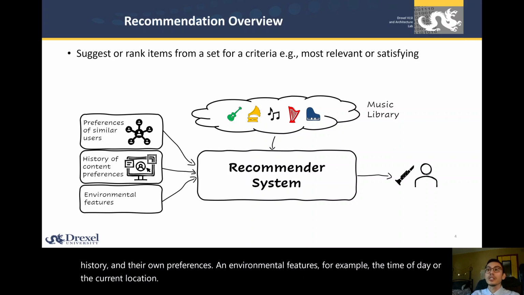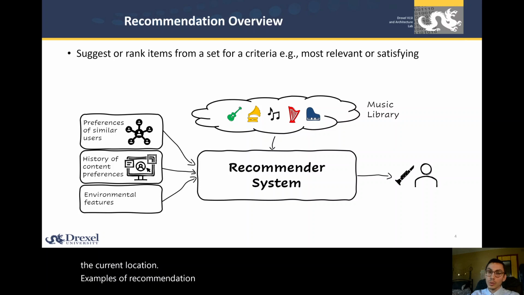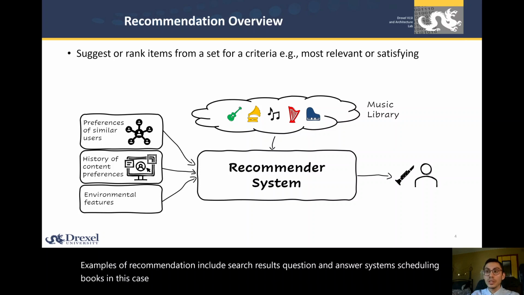Examples of recommendation include search results, question and answer systems, scheduling, books, and in this case, music and movies. So we can already see that any impact we have will have a widespread effect on many domains.